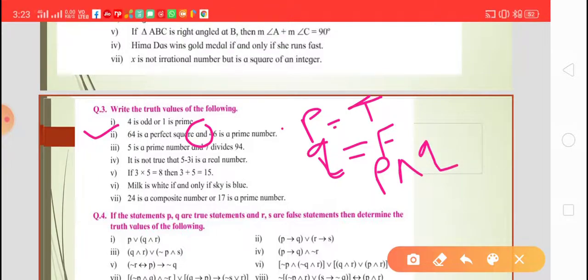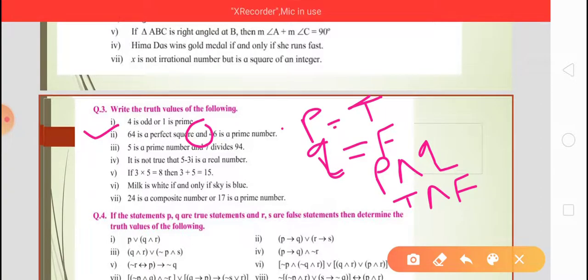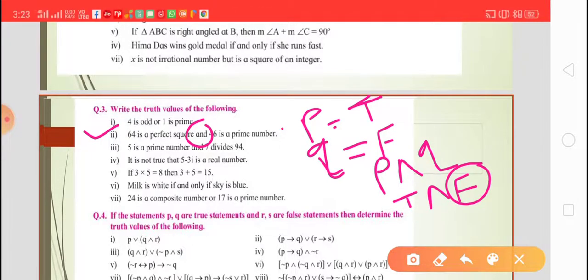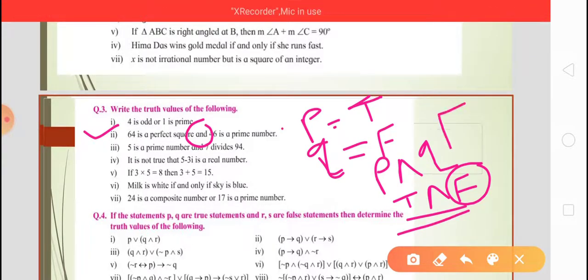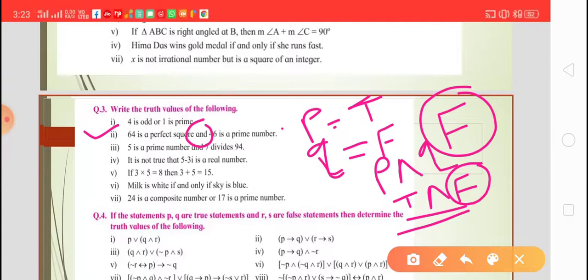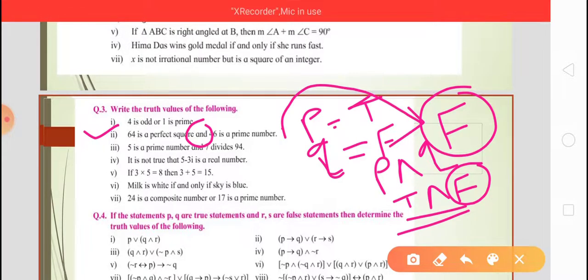So what is the truth value for P? Yes, it is T. What is the truth value for Q? Yes, it is false. And we know the truth table for conjunction: T T T, otherwise false. So here we have T and F, which means we must write F. So the truth value of this compound statement is F. Okay, understand?